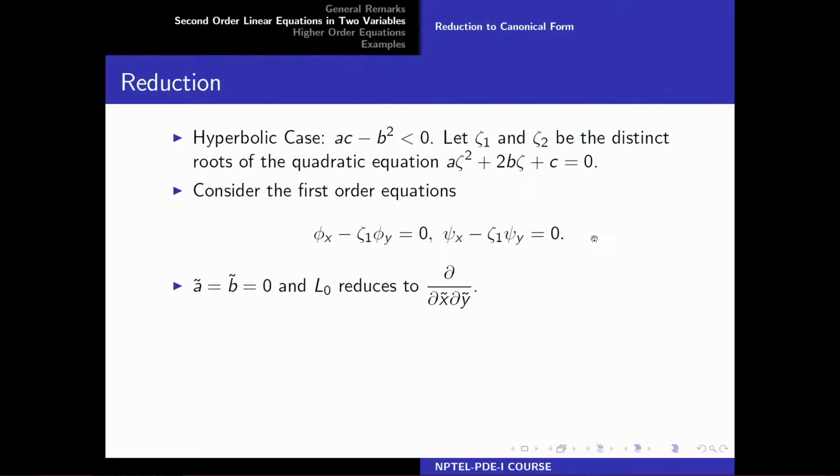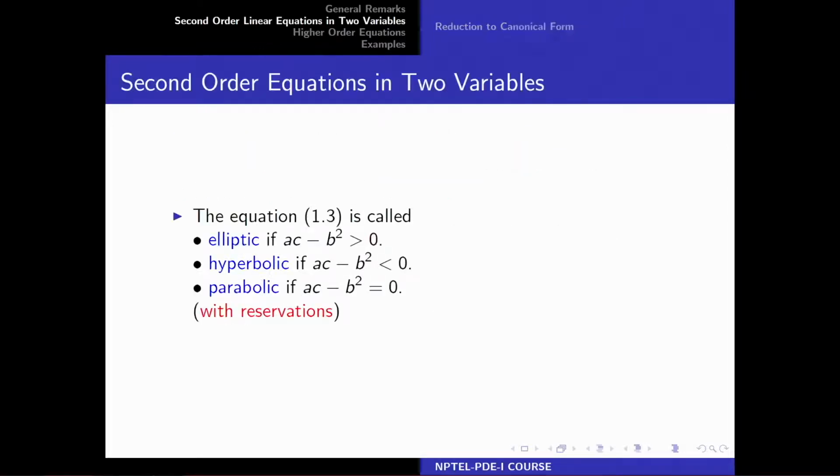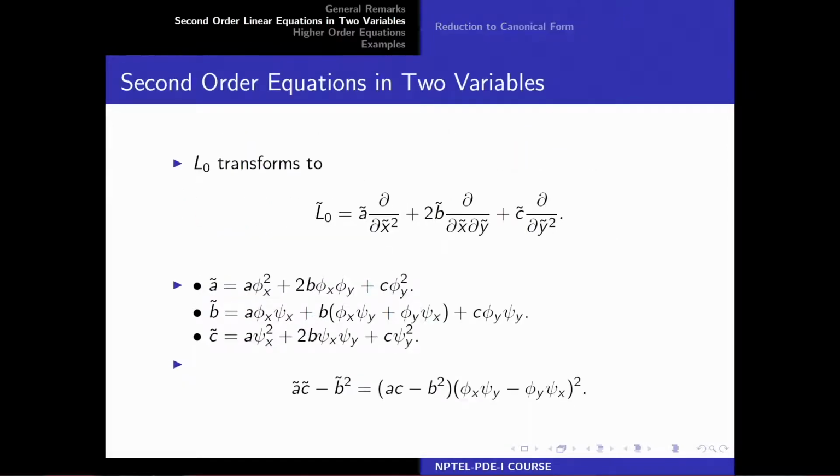Okay. So, again go back to the expressions A tilde, B tilde, C tilde. So, with our choice of phi x by phi y equal to zeta 1 and psi x by psi y equal to zeta 2, where zeta 1 and zeta 2 are solutions of that quadratic equation, you immediately see that A tilde and C tilde vanish.